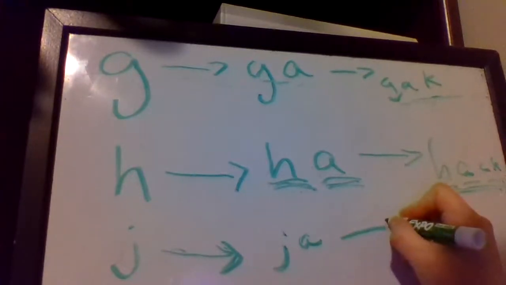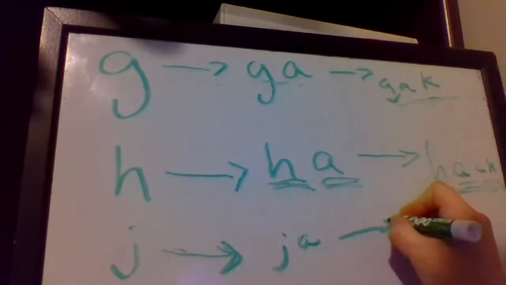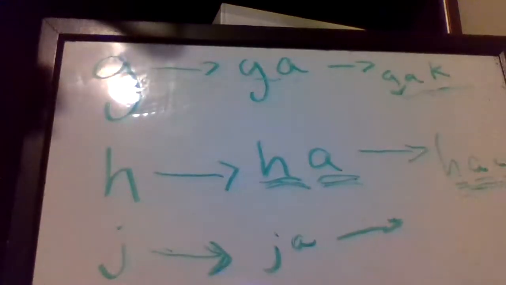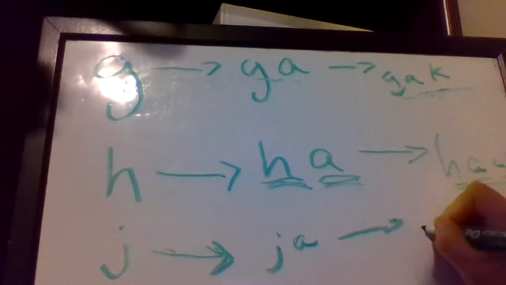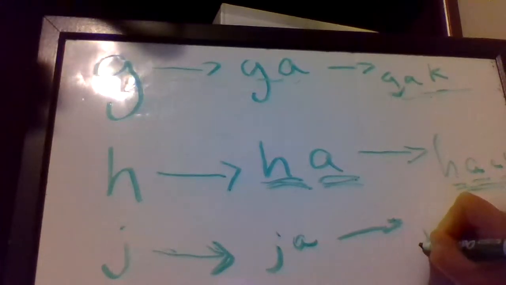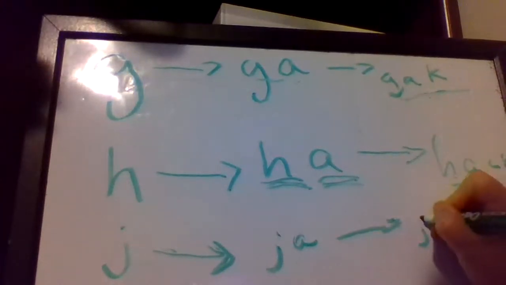So we're going to make a word. Now, the problem with the JA when it comes to making a word is we blend things so often.